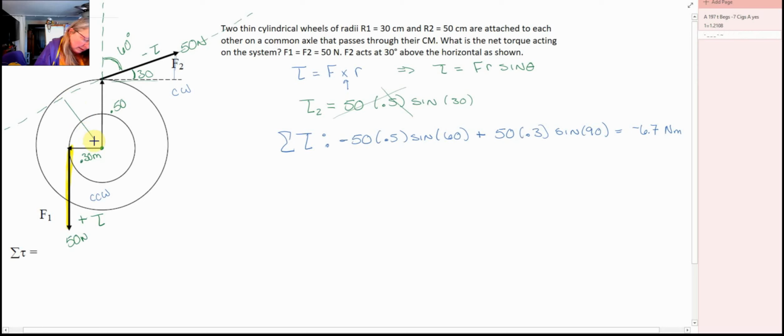Shortest distance is this perpendicular line. Now let's take a look at the angles here. I have a bisecting line here. So that is 60. That makes this 60, makes this 30, and then this is 90. This is my moment arm.